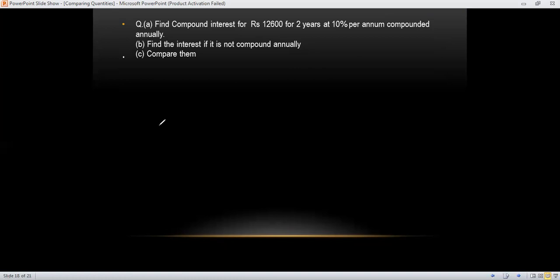So what we will do, for part a, A is equal to P into 1 plus r by 100 to the power t, and this is the compound interest formula where P is the principal.